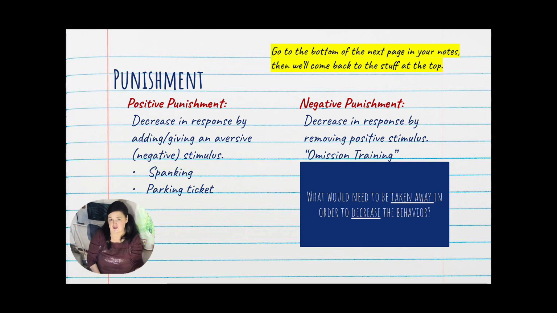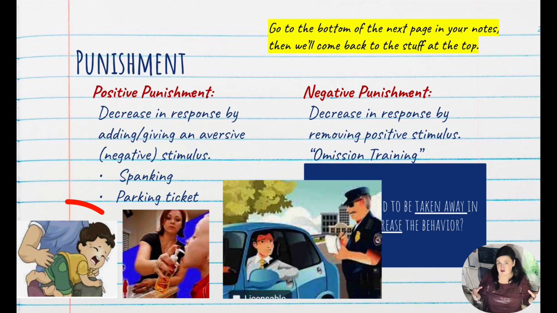So what would we add in order to decrease somebody's behavior? Well, with a toddler, you could maybe add in a spanking if a kid throws a temper tantrum, right? So you're adding in a spanking in order to take away the aversive temper tantrum.